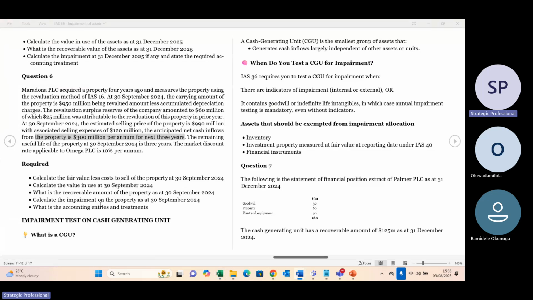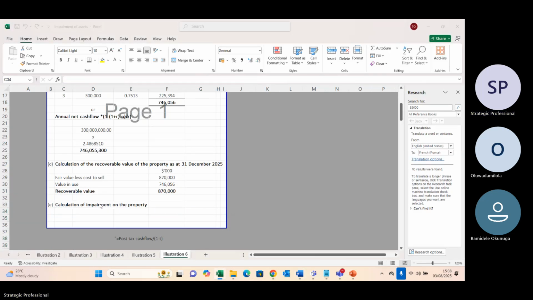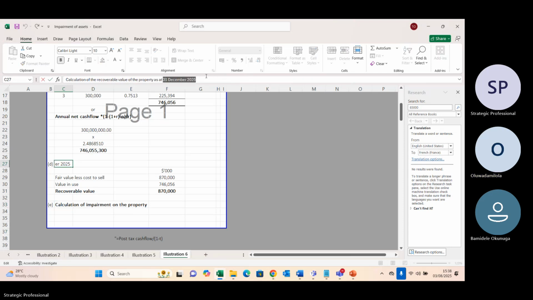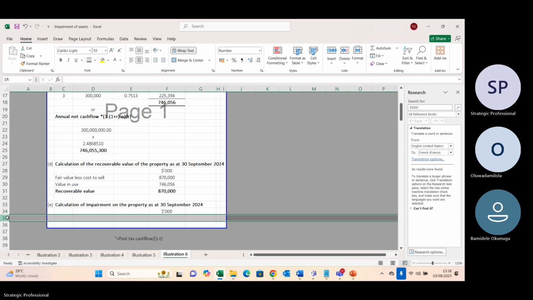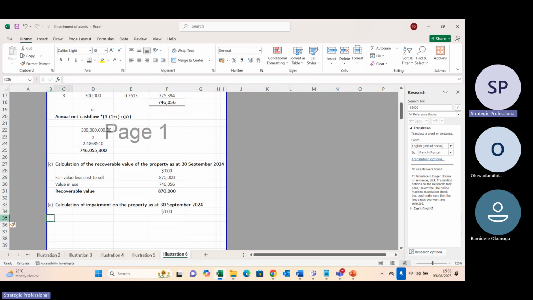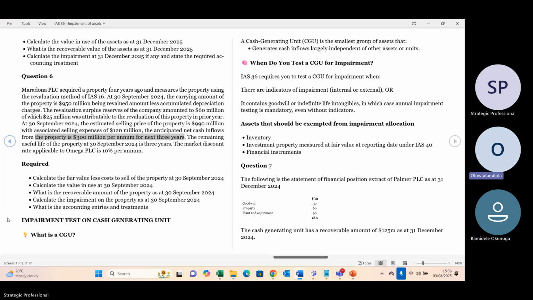Calculate the impairment on the property. So impairment is carrying amount. What is our carrying amount in this question? 950, it's in the question. In this particular question, we don't need to calculate carrying amount.